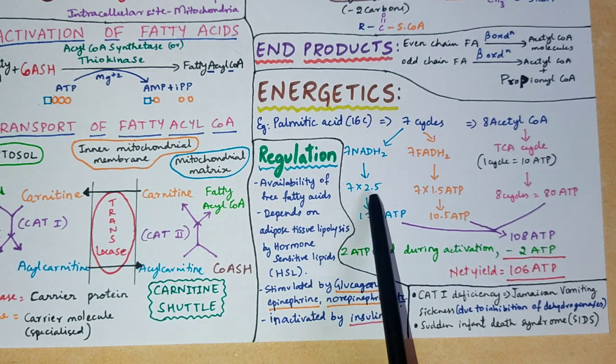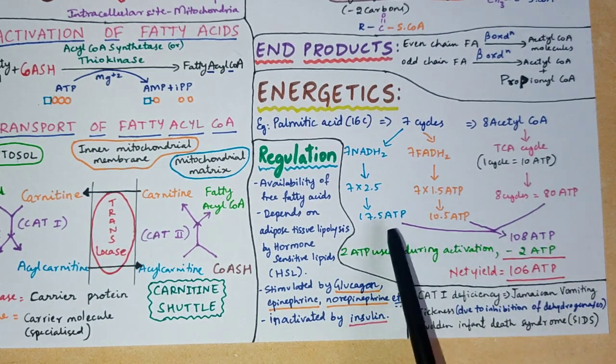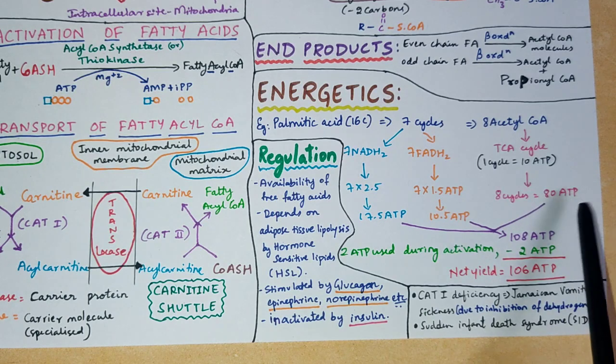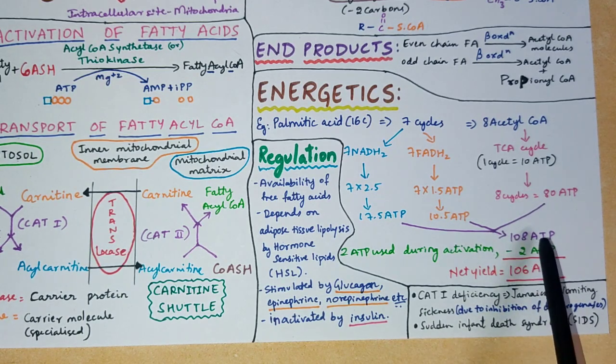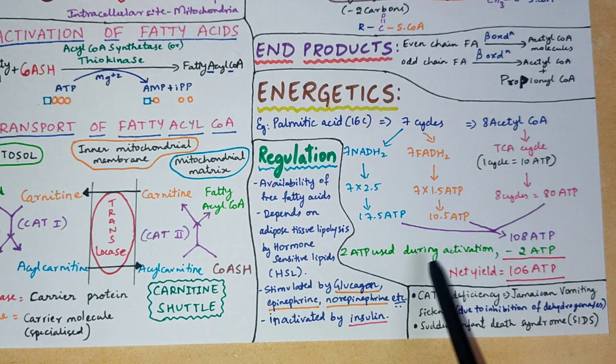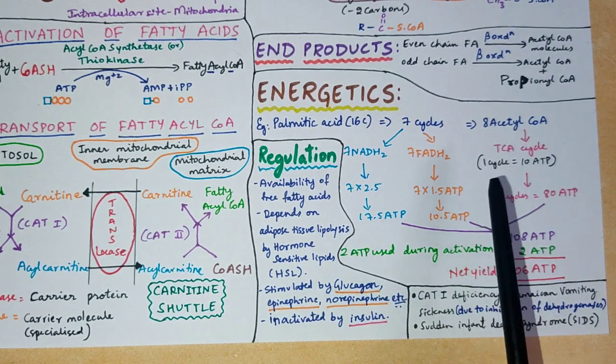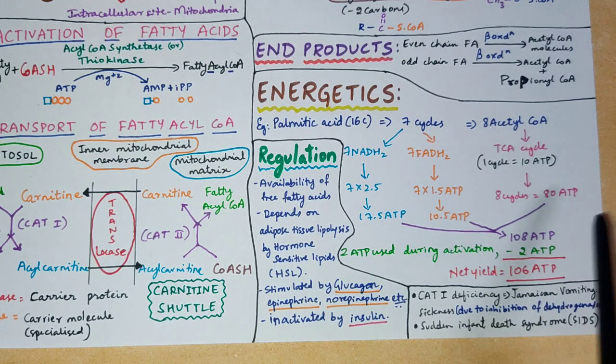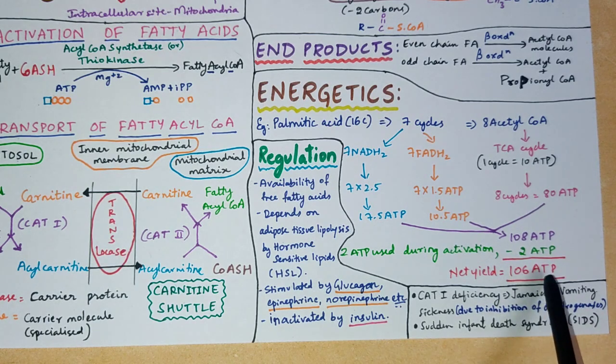So 7 into 2.5 ATPs will give us 17.5 ATPs. So overall we have 17.5, 10.5 and 80 ATPs, which together form 108 ATP. But during the activation of this molecule, we have used 2 ATP. So we have to remove 2 from the 108 and we will get 106 ATPs as net yield.